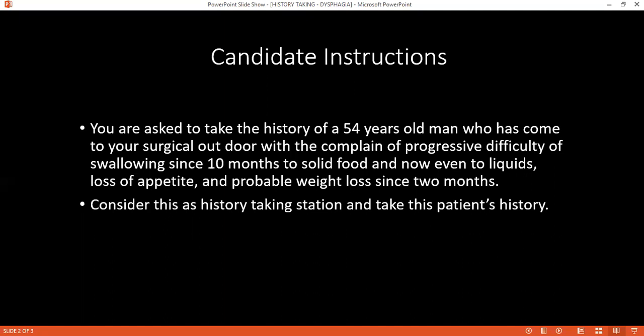Sir, is there any condition which helps reduce your difficulty or which stops it? No, it is the same. Anything else which increases your difficulty? Before it was for solids, now for liquids also. So both I feel the same difficulty.